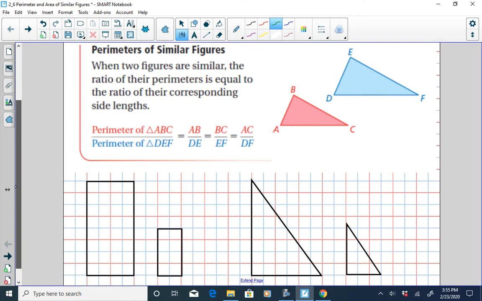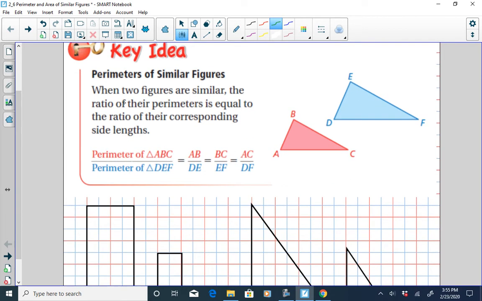Okay, our first rule says that when two figures are similar, the ratio of their perimeters is equal to the ratio of their corresponding side lengths.